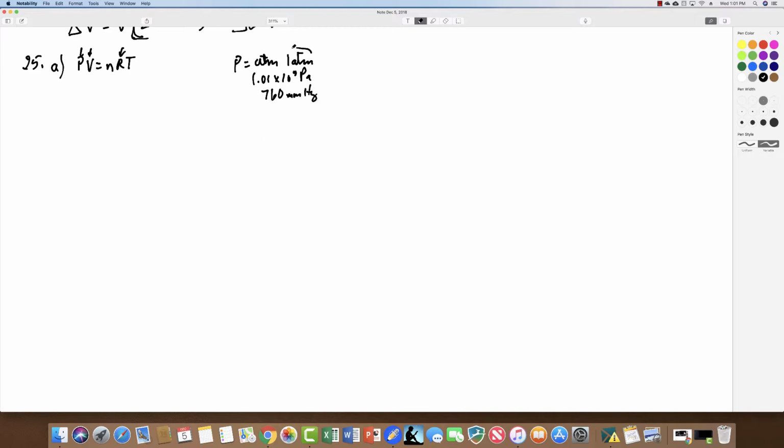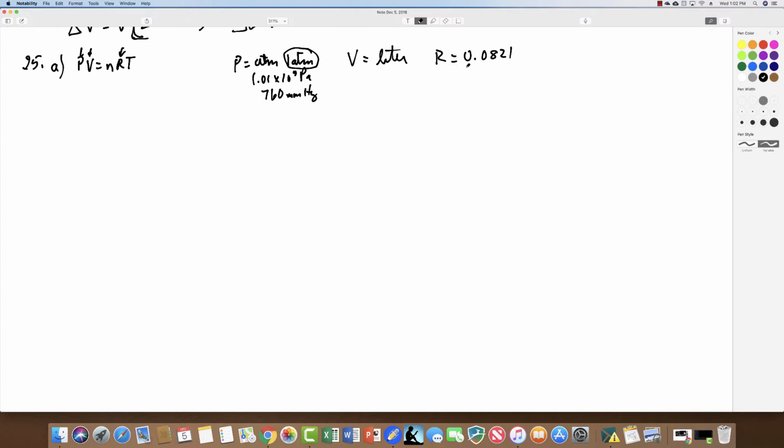If you use atmospheres, and V, if you use liters, then R is equal to 0.0821. And as you can tell, I use this a lot, and that's why I know this.